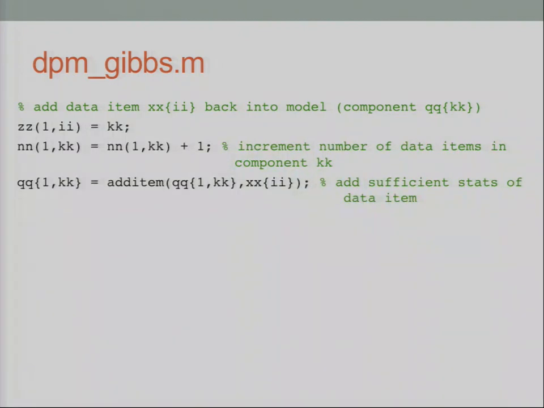And then after instantiating, we add the data item back into the model by incrementing the number of data items in component k, the component that it chose to go to, and adding the item to the sufficient statistics of that component.